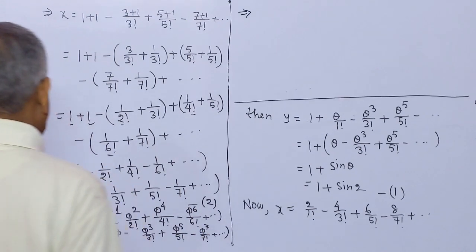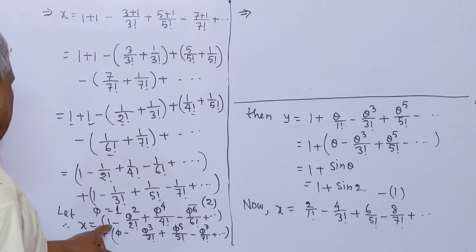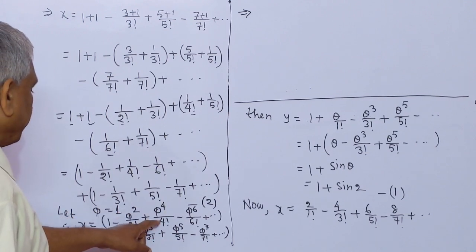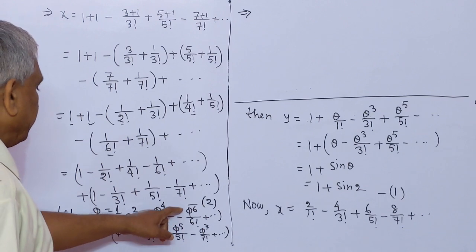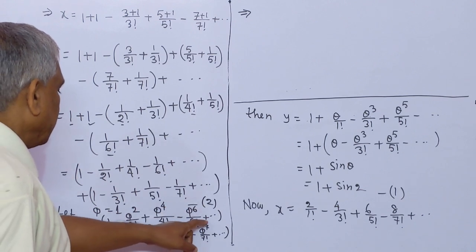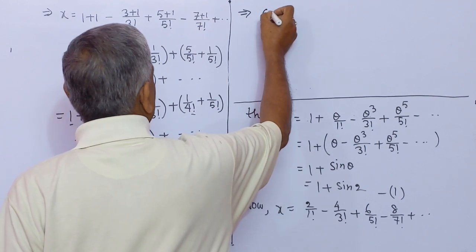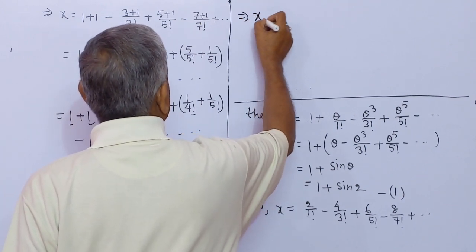Here the first bracket is 1 minus phi square by factorial 2 plus phi to the power 4 by factorial 4 minus phi to the power 6 by factorial 6 plus dot dot dot. This is cos phi.